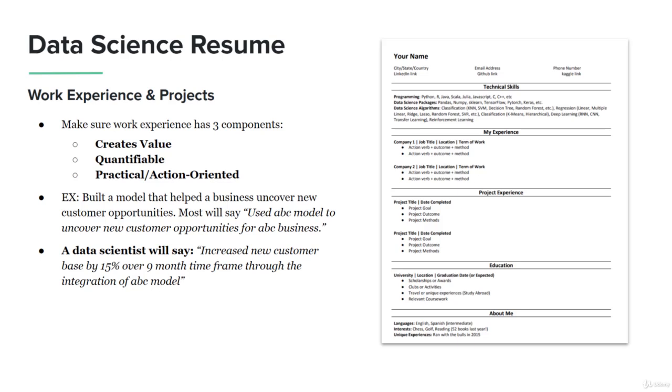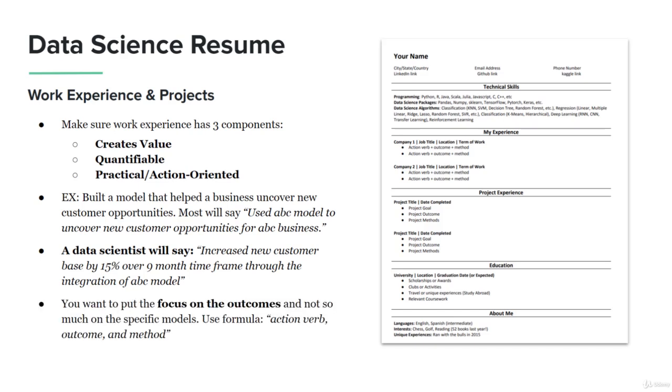So very important there to make sure that you're creating value, you list it out in a manner that creates value, that's quantifiable, and that's practical and action oriented, right? You want to always make sure and put the focus on the outcomes, right? And not so much the specific models. And you want to follow the formula of action verb, outcome, and then method, right? That's going to serve you the best there, and that's really going to help you write a very nice resume.